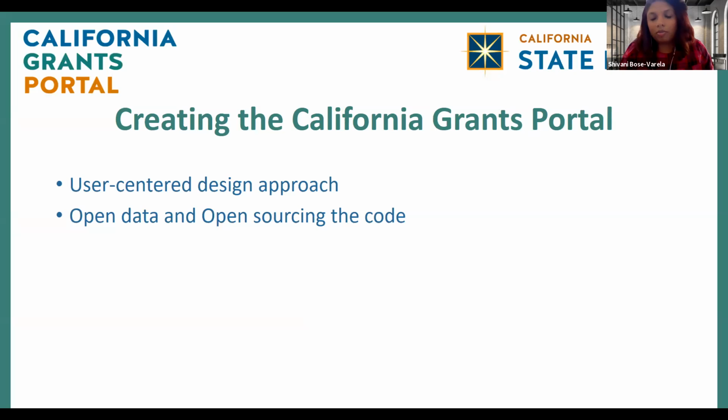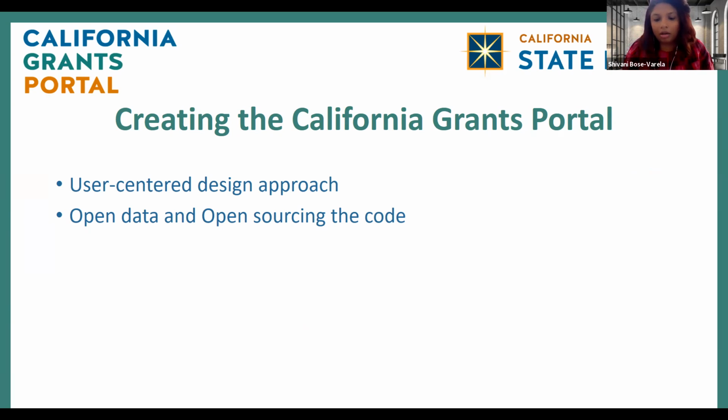One of our major missions and goals in this project during the development was keeping a user-centered design approach, meaning that we put ourselves in a user's perspective and also ask the users what works and what doesn't work. The portal isn't for us. It's really the users who are able to drive this entire portal, whether those are state agencies or the grant seekers.